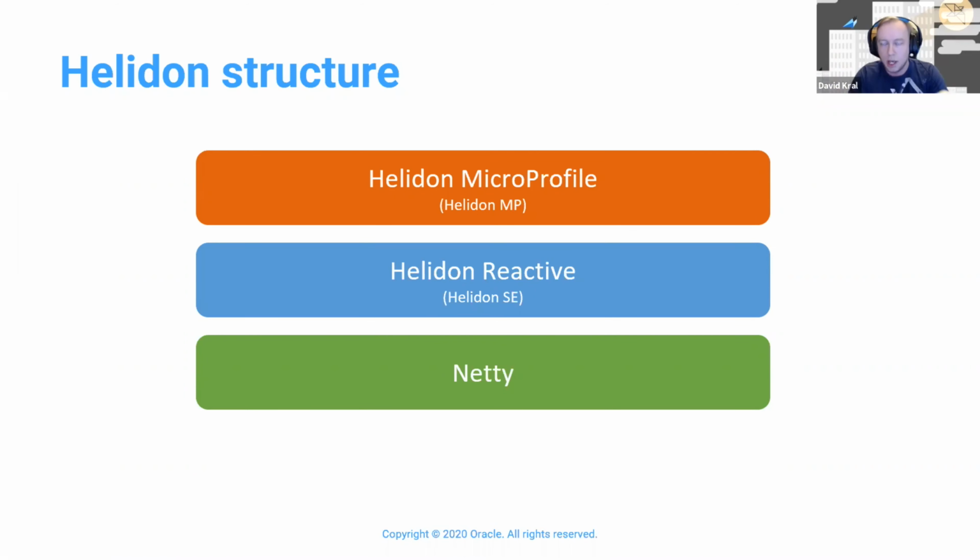Okay, so that's about Helidon. I guess we do not have to talk about it more, since there already has been a presentation directly focused on Helidon. Let's take a look at what we will be doing today. Today we will be talking about Helidon Web Client.